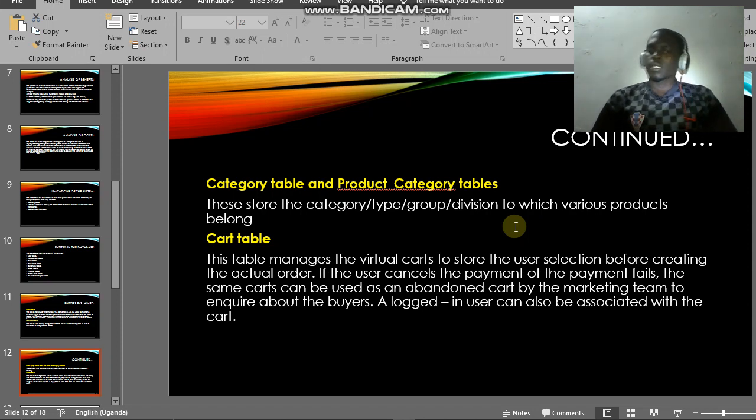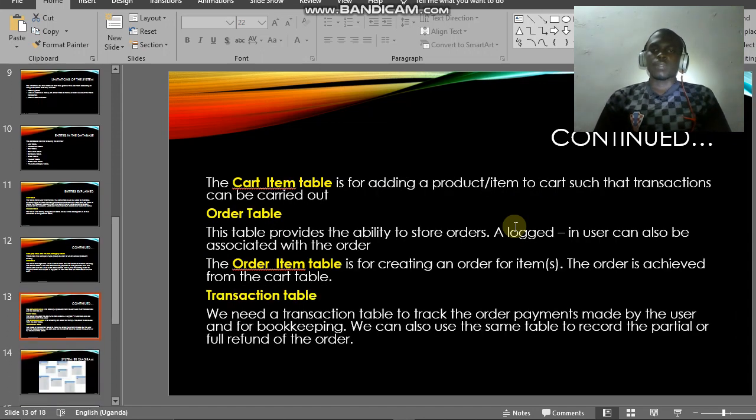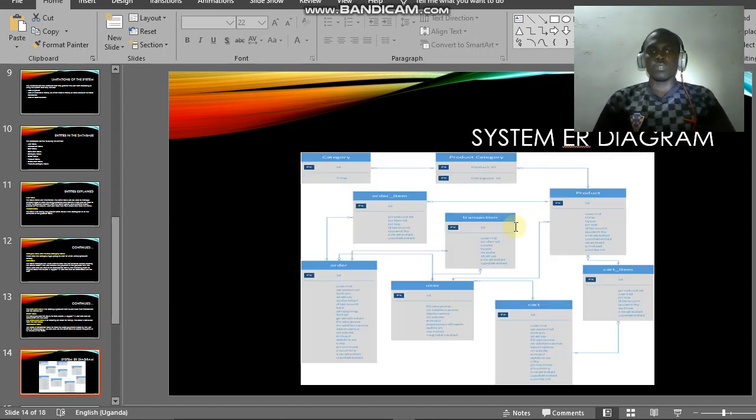Then the cart table manages the virtual carts and stores the user selection before creating the actual order. Then the cart item table, the order table, the transaction table, they are all described there.